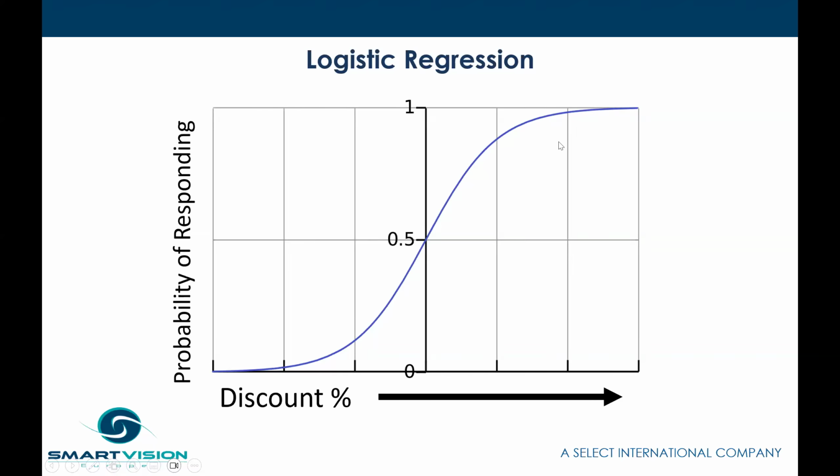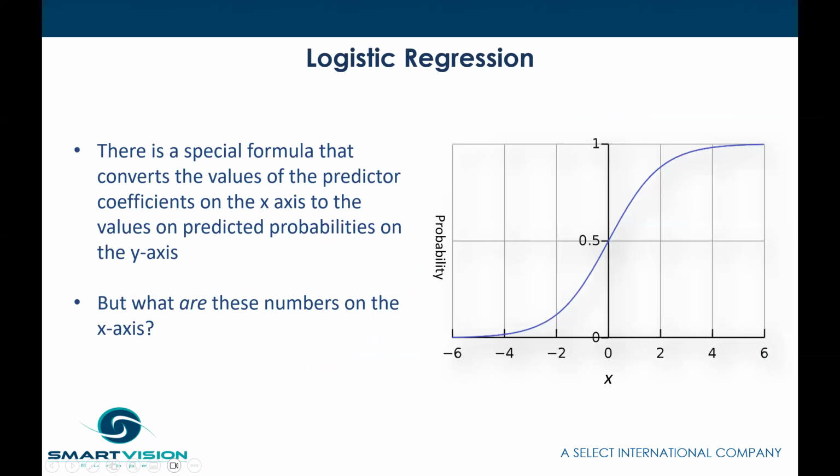But there is a special formula that converts these values into probabilities. These values are the ones you're going to get out of the regression equation when you do your logistic regression. The special formula converts the values of the predictor coefficients on the x-axis to predicted probabilities on the y-axis.